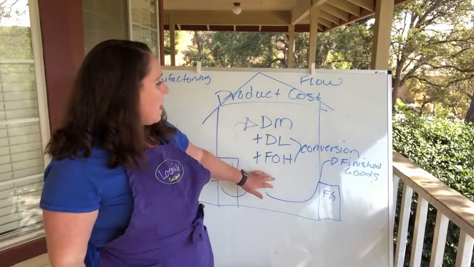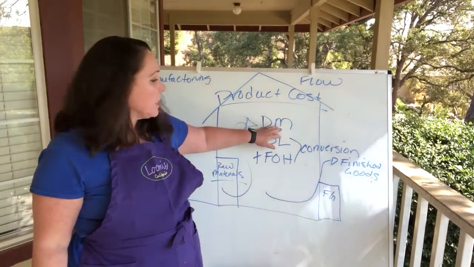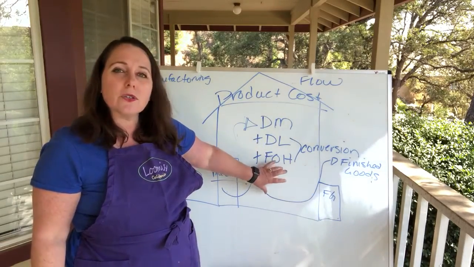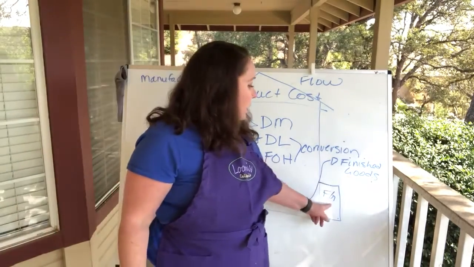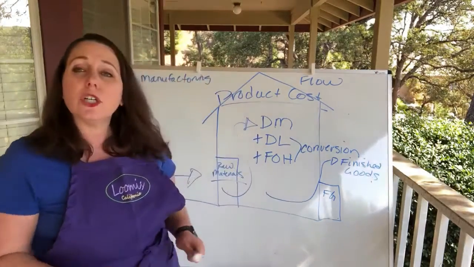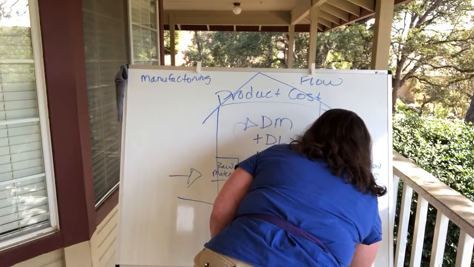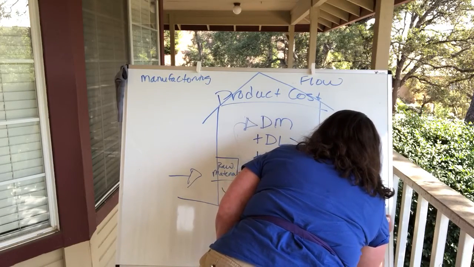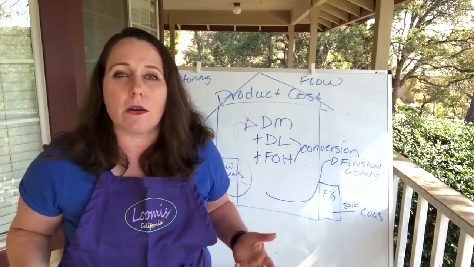But as soon as our product is complete, we've added all of that, it goes into our storeroom for finished goods, okay? The finished goods, once they are sold, become cost of goods sold because they are sold now.